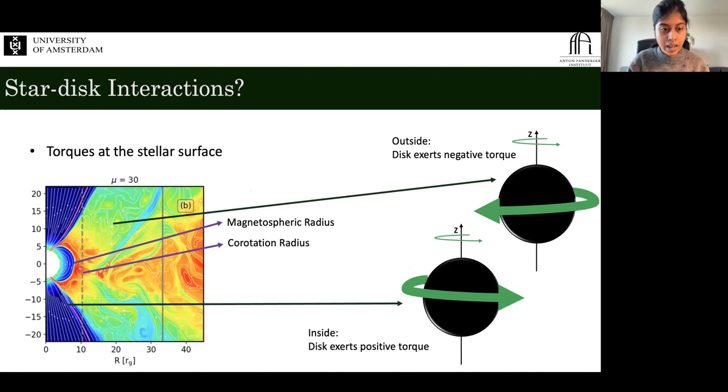And then there is the light cylinder radius, which is the radius beyond which the stellar magnetic field lines have to open up so that they don't rotate at a speed larger than the speed of light.